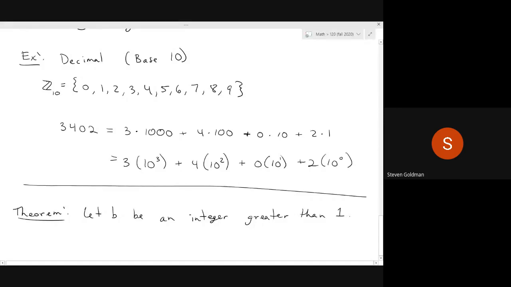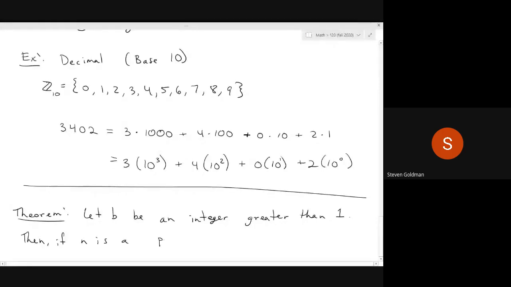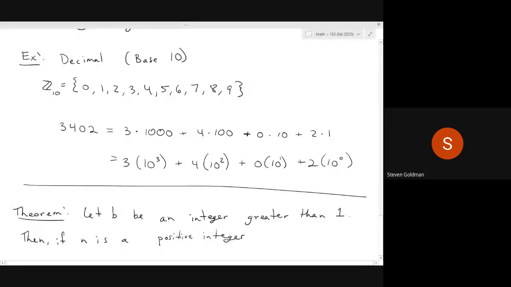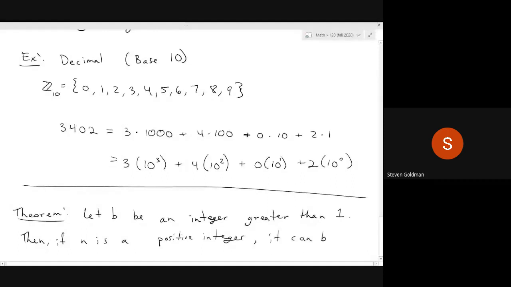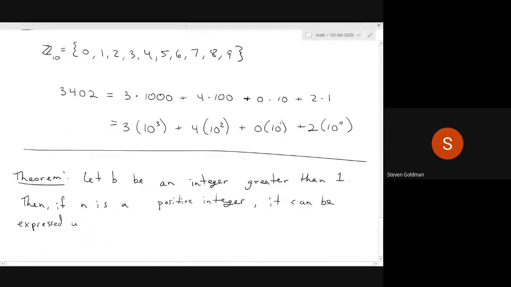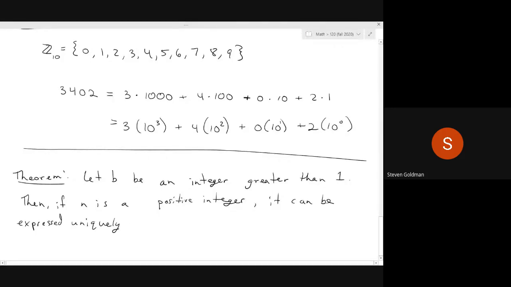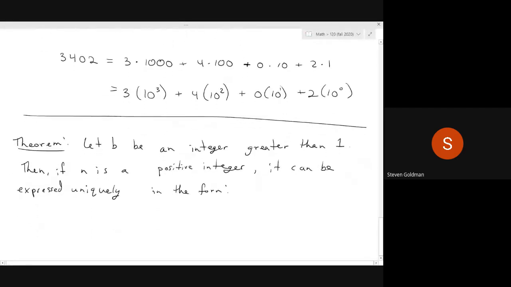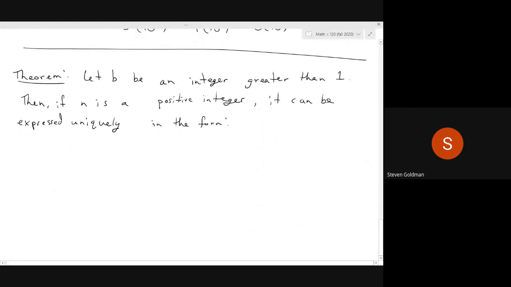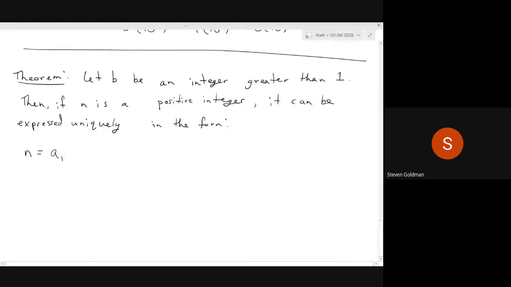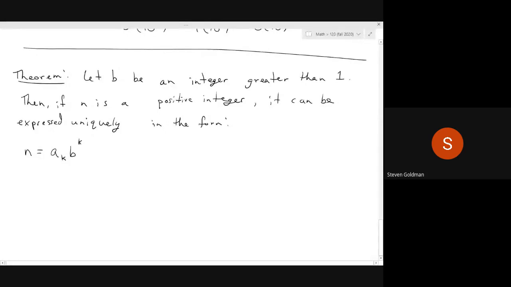Then, if n is a positive integer, it can be expressed uniquely in the form n equals a sub k times b to the power of k plus a sub k minus 1 times b to the power k minus 1 plus, following this pattern, dot, dot, dot, plus a1 times b to the power of 1 plus a0 times b to the power of 0, which is really just 1, so we don't even need to write it there.